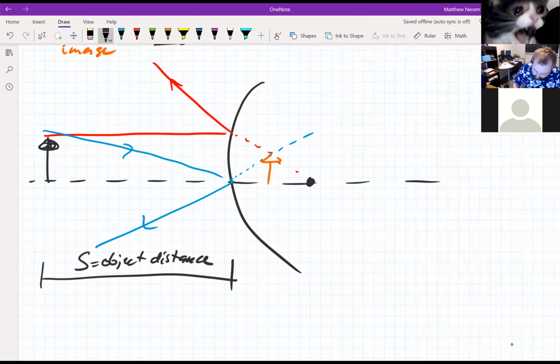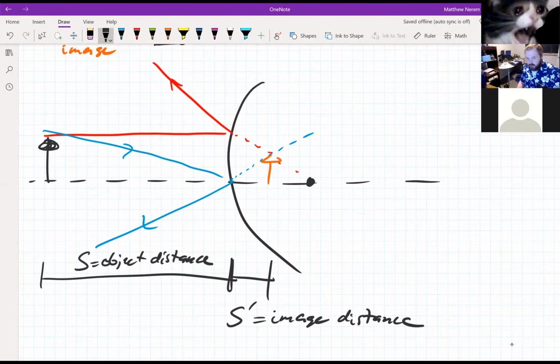So I'd say boom to boom, S prime, image distance, right? Well, we also can talk about, let's do it in purple, Y and Y prime.